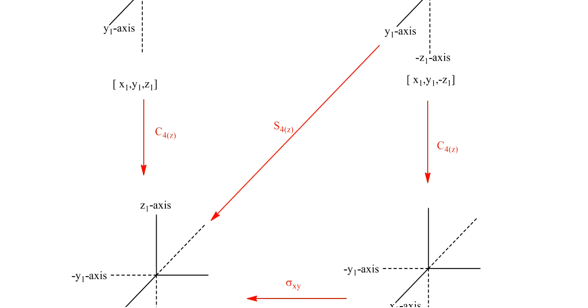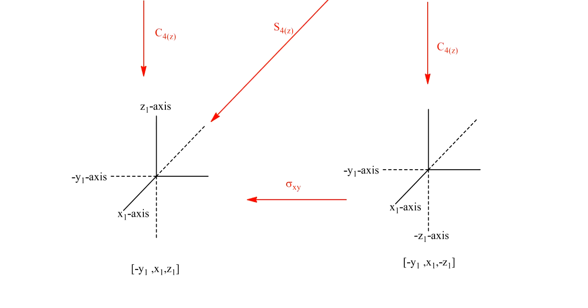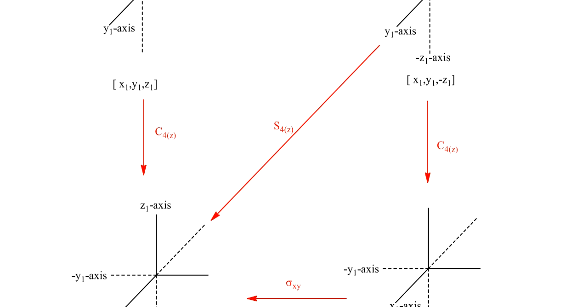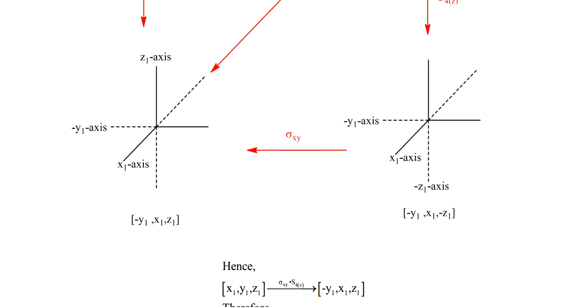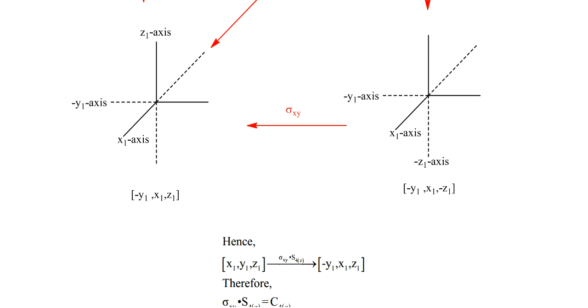So you know that S4Z equals C4Z into sigma xy. So we know x1, y1, minus z1, by operating S4Z, will give minus y1, x1 and z1. Similarly, if you operate C4 along the z axis on x1, y1, z1, it will give minus y1, x1, z1.